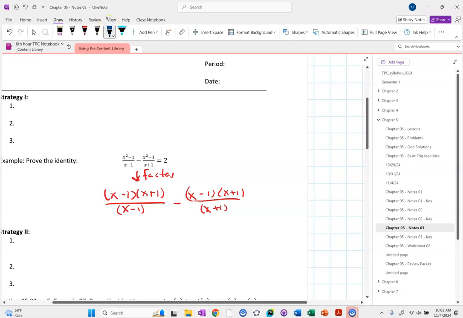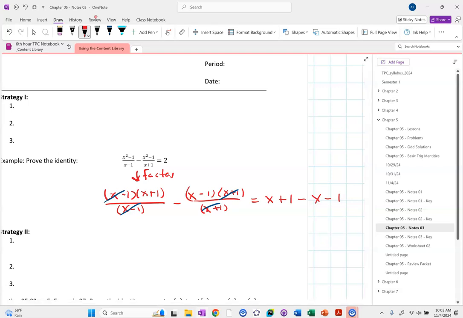And then what do we notice? You can cross out the... Now, the most common mistake students will make is what I wrote here. What I've written is wrong.